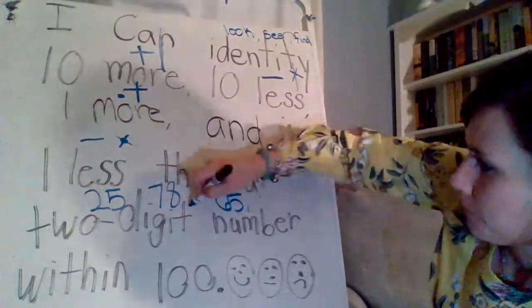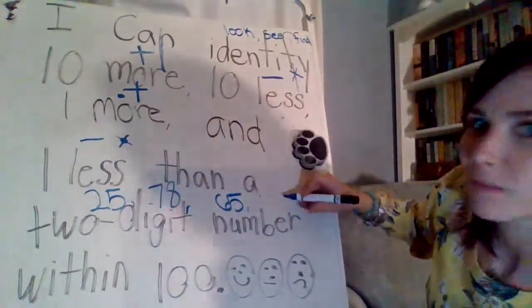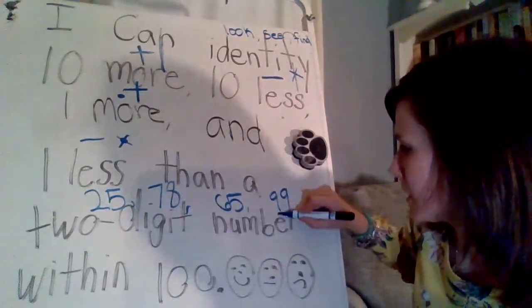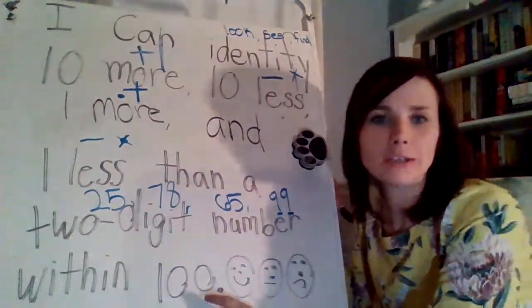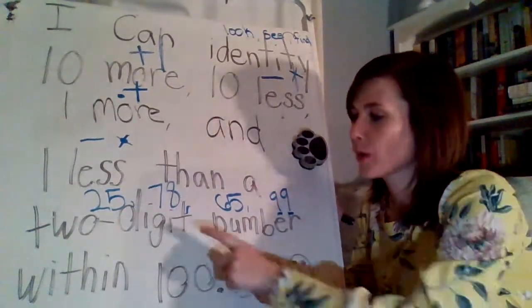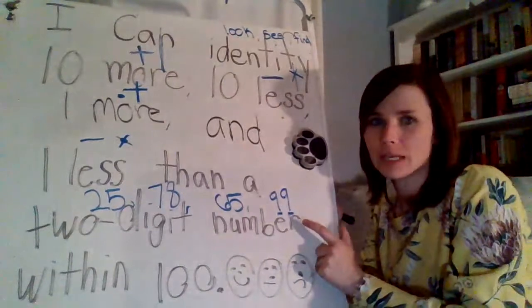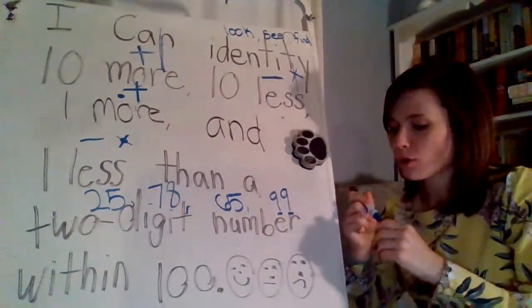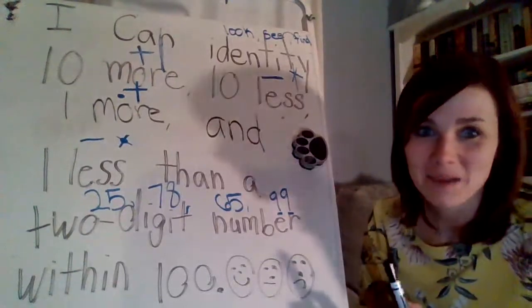Another number, we could have 99, because there's a number in the tens house and the ones house. Can we have 100? No. That's a 3-digit number. We are only going to go all the way up to 99, and then we're done.